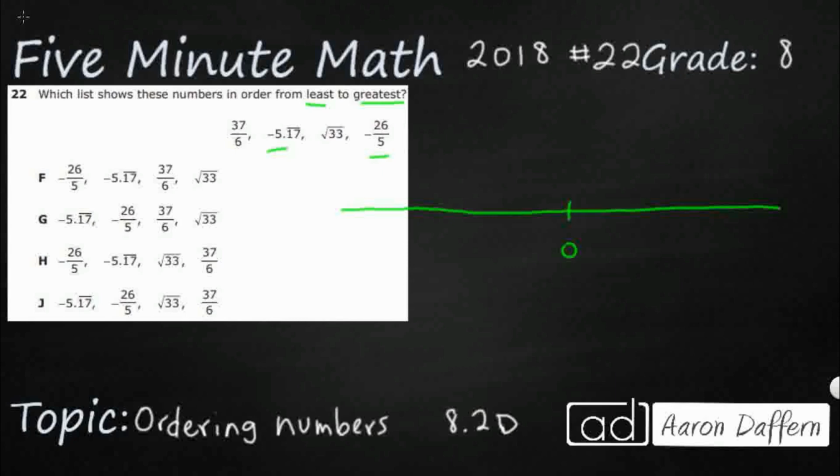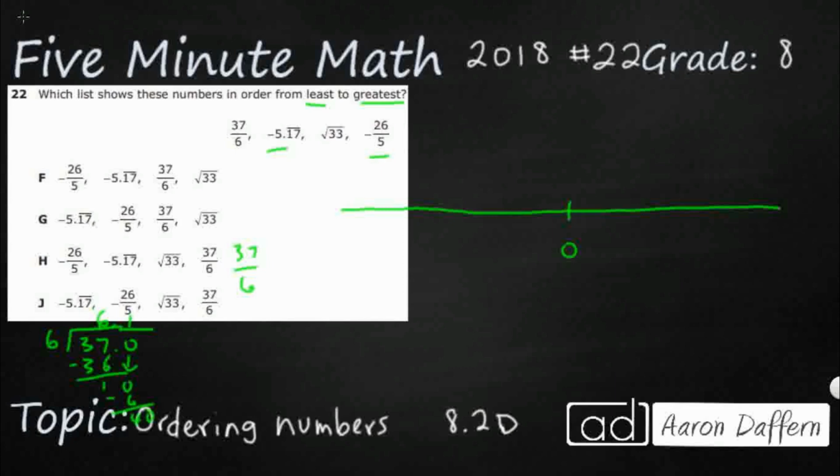So let's see if we can turn all of these into decimals. That's going to be very helpful. So let's first work on this 37 over 6. So let's just divide that 6 into 37. It's going to go in one time, decimal. 6 goes into 6, 36, there we go, 1.